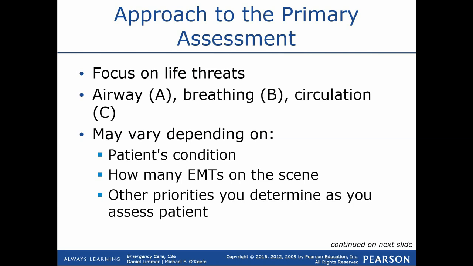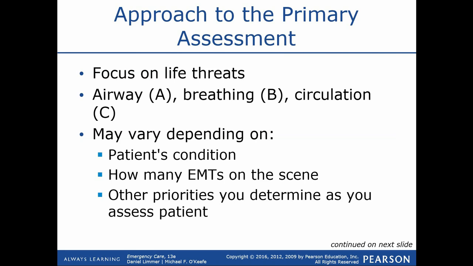But we never stop our assessment until or unless we identify something that is an immediate life threat to the patient or to ourselves. And as you can imagine, the things that are going to be the most prevalent when it comes to life threats are going to be issues with airway, breathing, or circulation.